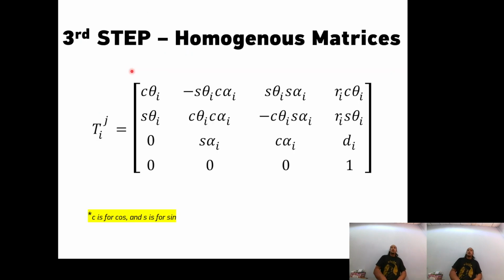Okay, the third step is the homogeneous matrices. This is the template for homogeneous matrices. C is for cosine and S is for sine.